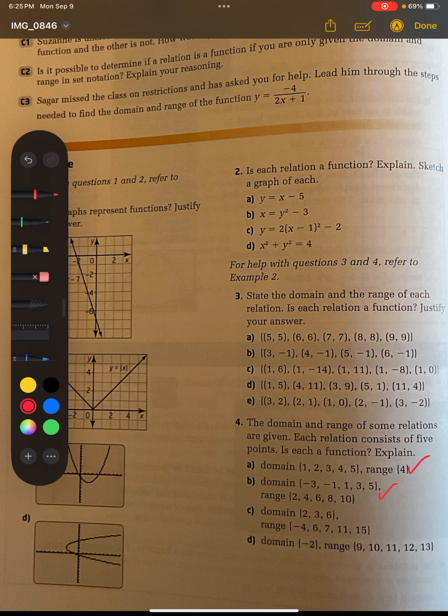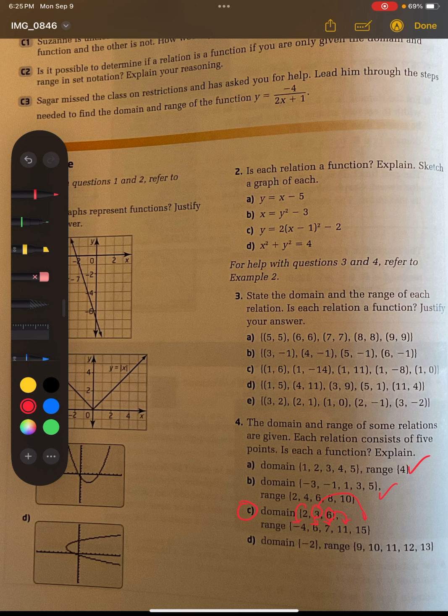Finally, not finally, we're on number C. Now look, I have 5 different values in my range. Okay? And my domain is only 3 values. That means one of these must also point to another, or this might point to one and this might point to the other.